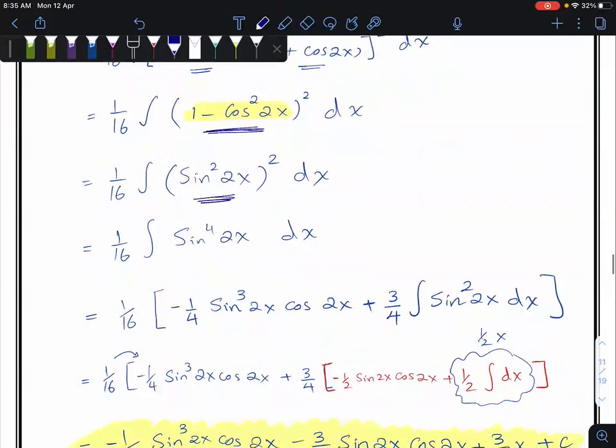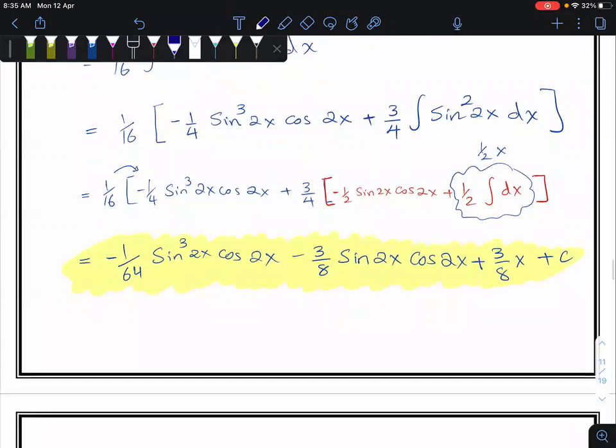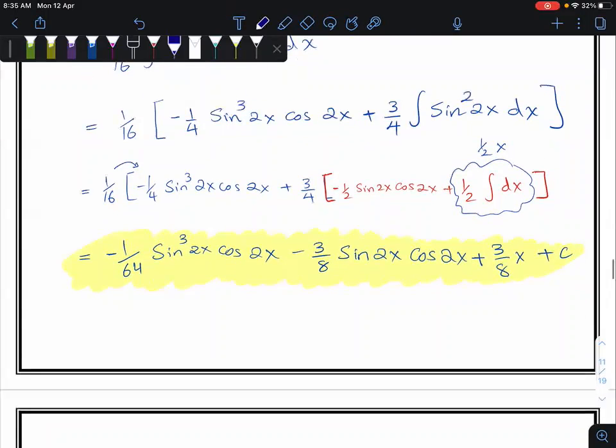And then we move back to our formula. Sine to the power of n x is equal to negative 1 over n sine to the power of n minus 1 cosine x, minus n minus 1 over n integral of sine to the power of n minus 2 dx. And then finish your question. Very, very important topic.